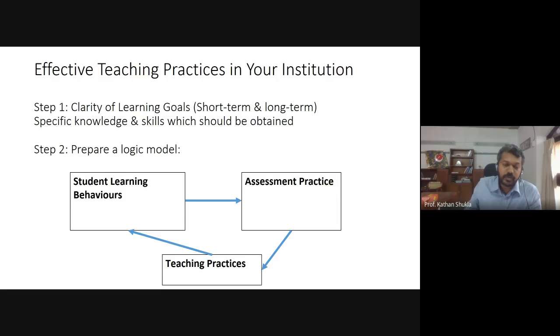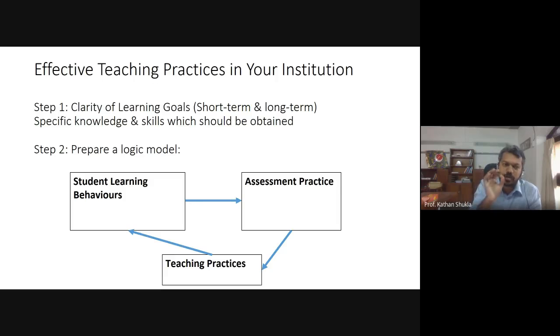Okay, what sort of human resource you want to develop, और उसके लिए the step 2 is to prepare this sort of logic model. Actually आपकी कॉलेज के आपके डिपार्टमेंट के जब स्टूडेंट्स पढ़ रहे हैं, when they are studying, when they are learning, what is it that you want them to do? उसके बारे में think through this.